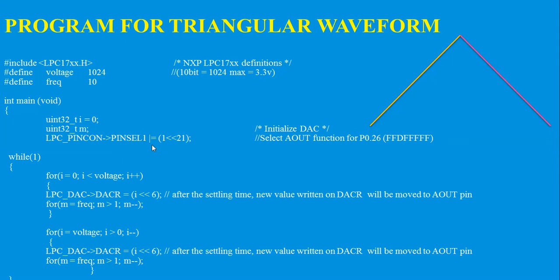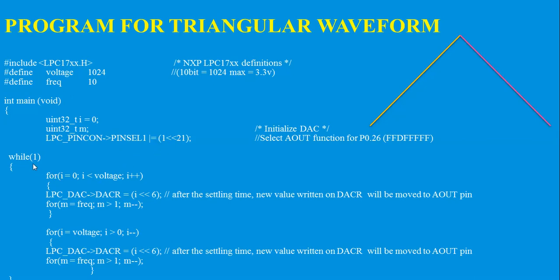Thereby you are altering only that particular bit position, and the remaining bit positions remain unaltered. So you are ensuring that only the 26th pin of port 0 changes its functionality, and the functionality of the remaining pins of port 0 remains the same. This is the statement which is very important to configure the functionality of the pin.